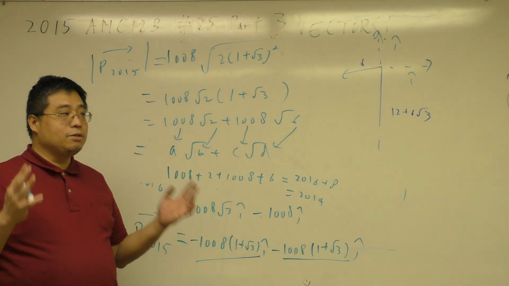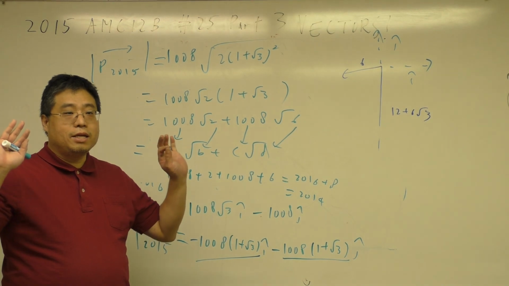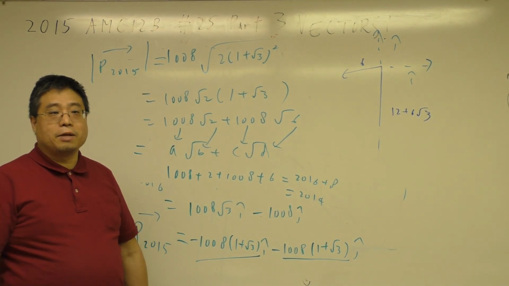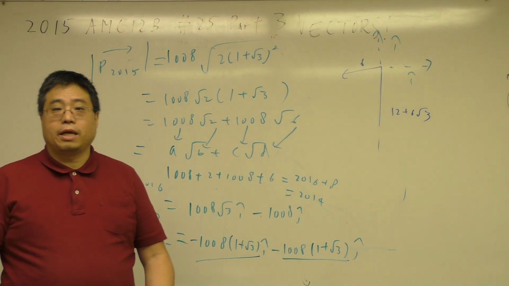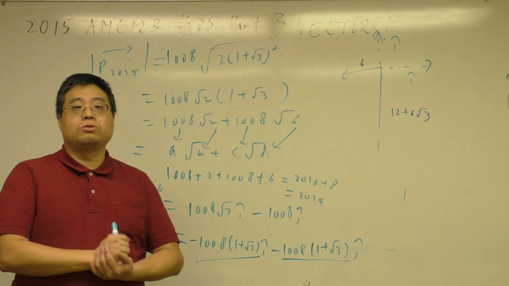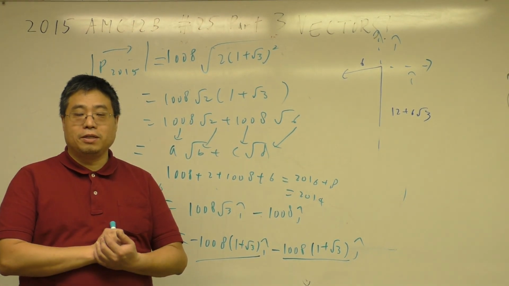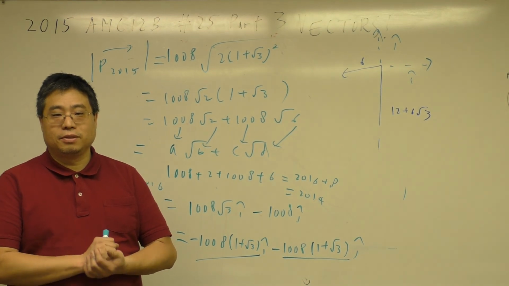Let's see how we can do this if we just give up any hope of finding a pattern. It looks like brute forcing it, but it actually is even simpler calculation-wise, assuming that you're familiar with a little bit more advanced math. So see you next time.